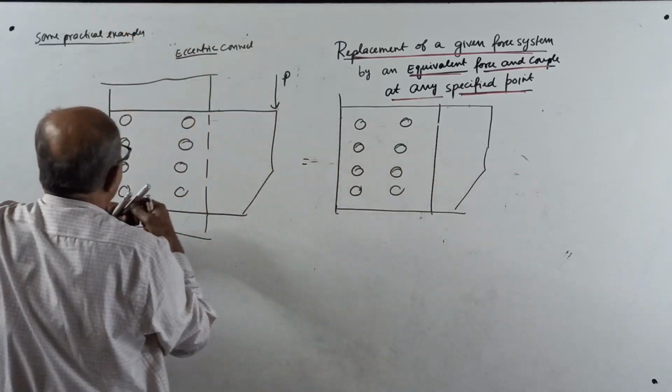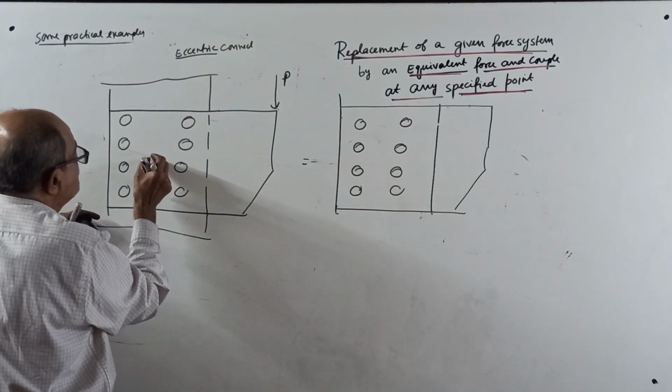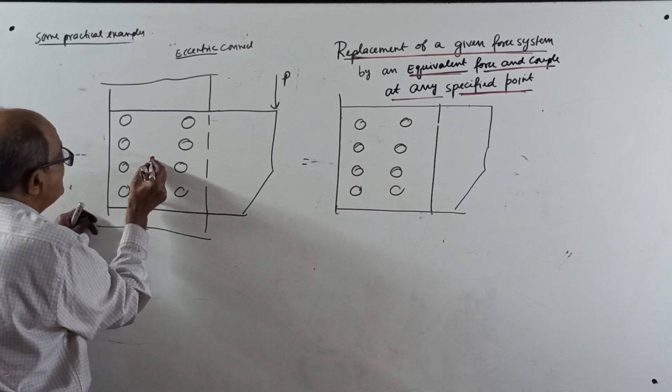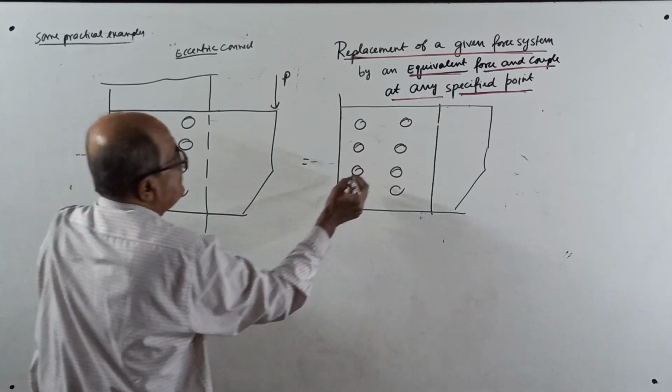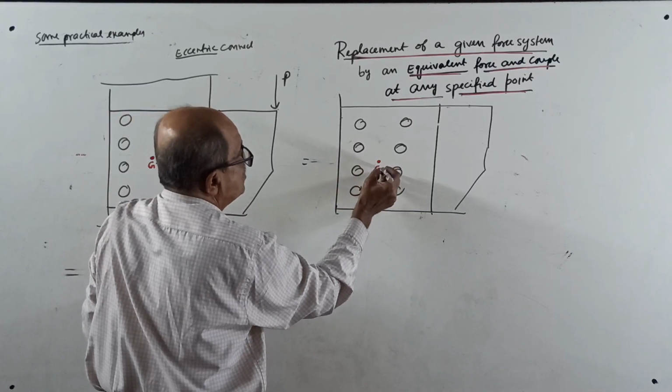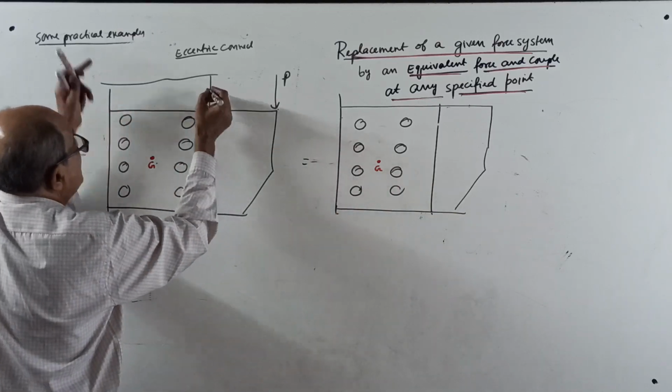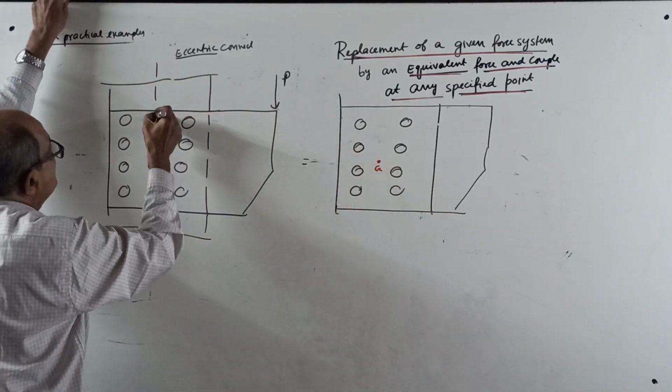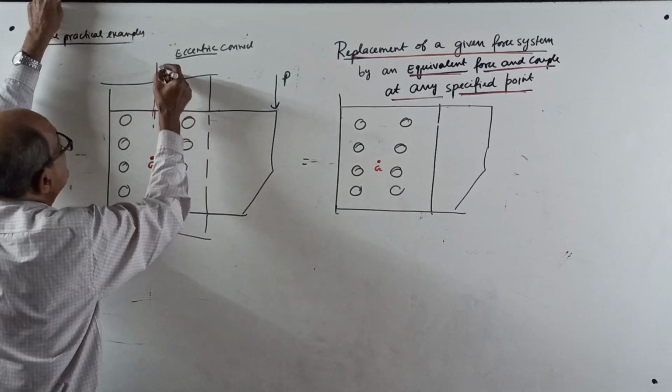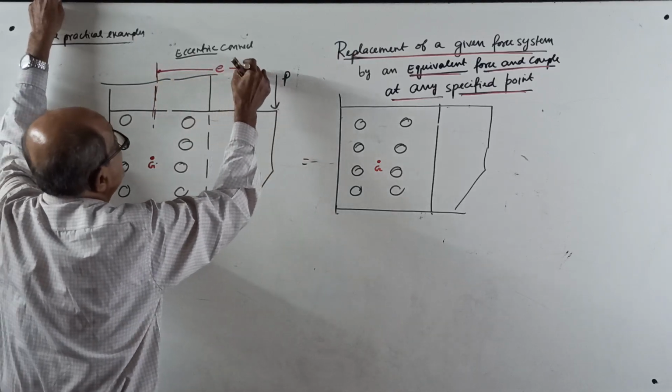This force P will be shifted to the CG of the bolt group. This is the CG of the bolt group. It is here. The distance from this centroidal axis is called eccentricity E.